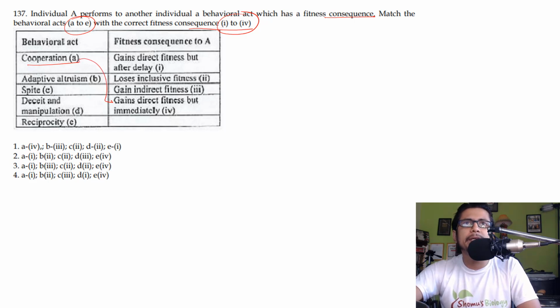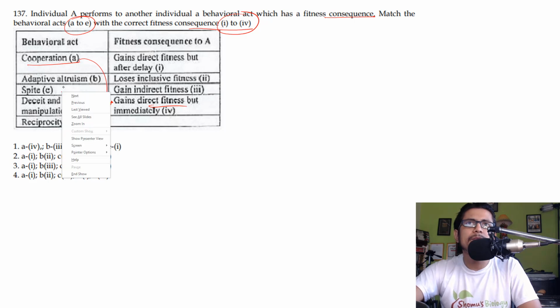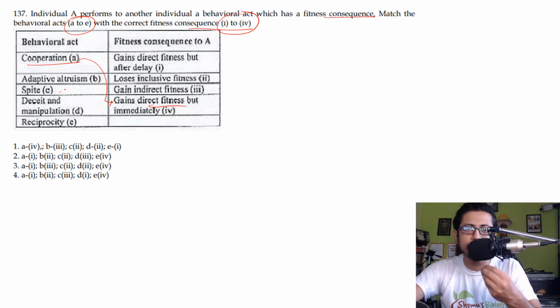So cooperation will be: gains direct fitness but immediately. Okay. What should spite be? C. Spite means bad, right? It will be a loss. Spite is a loss of inclusive fitness. So C will be 2 and cooperation will be 4.